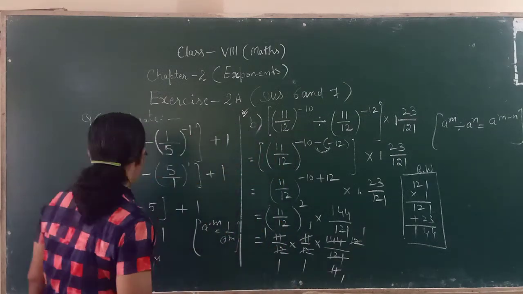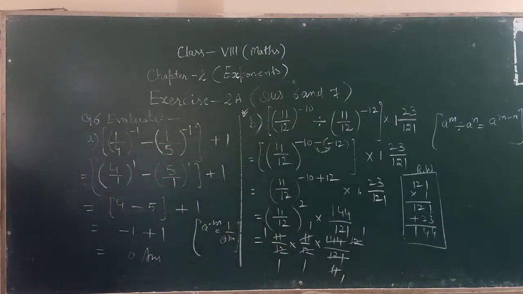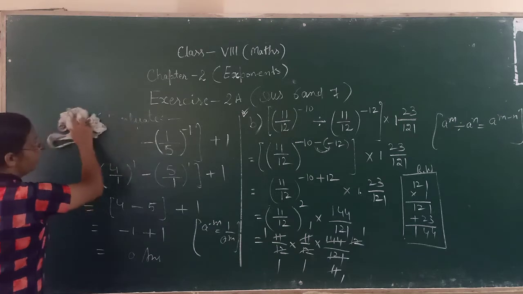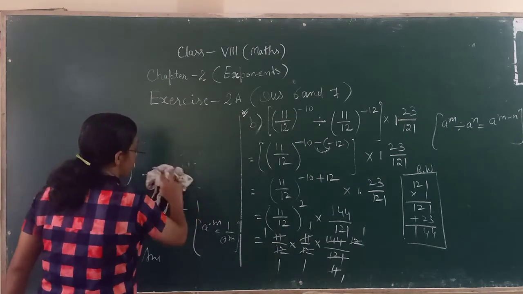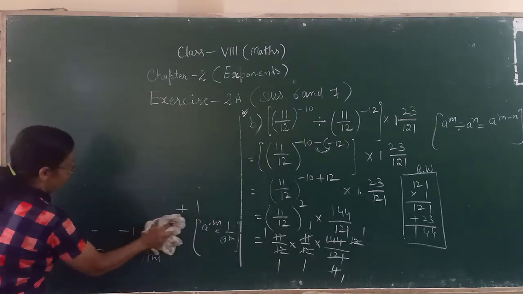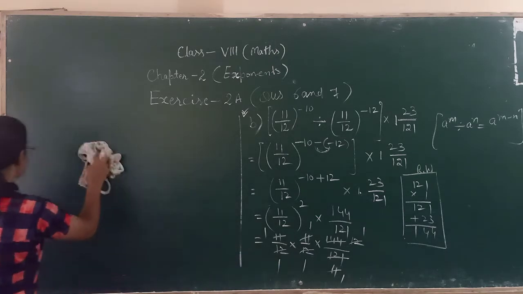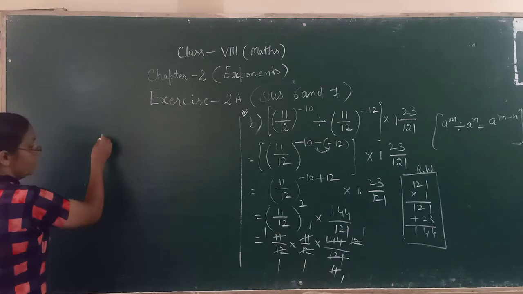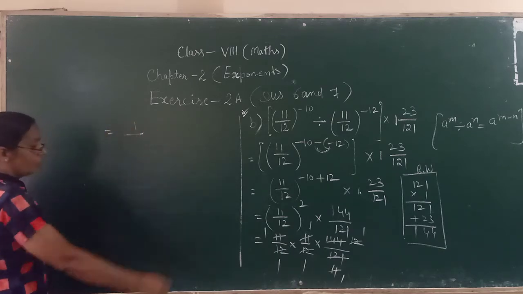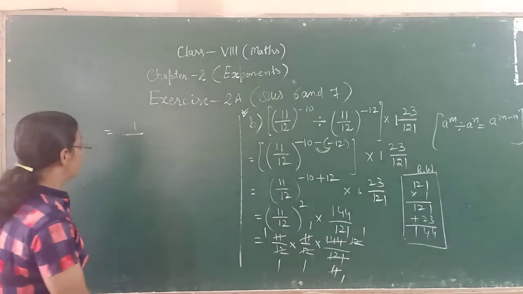So like this we got 1 1. Now we write next for this 1 1 1. The numerator of each and every fraction is 1 1 1, that's why this will become 1. And the denominator is also 3 times 1 1 1, that is also 1.